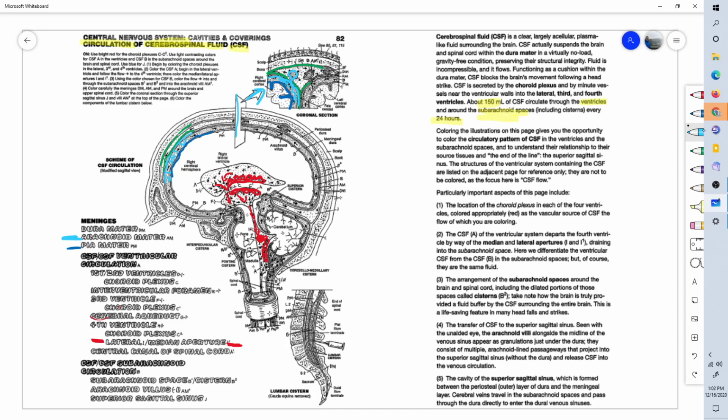As it leaves the lateral and median apertures in the fourth ventricle here, I wonder if we could go to a new color. Yes. The fourth ventricle, it's going to go through this little aperture and find its way from there to the subarachnoid space. From this diagram, we have to think in 3 dimensions here.